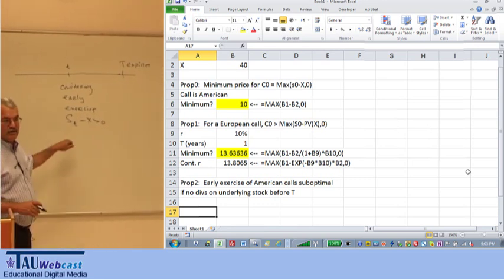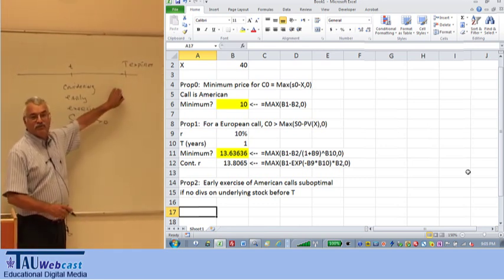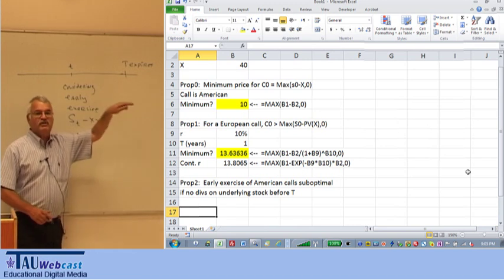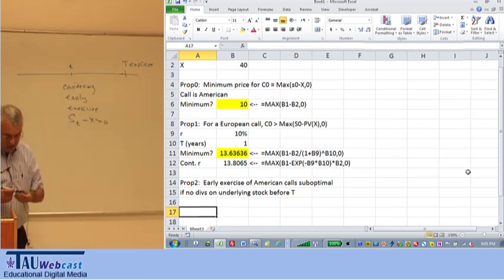You're thinking about early exercise, but there's still time left on the option. The option still has time value. So the question is, what do you prefer?